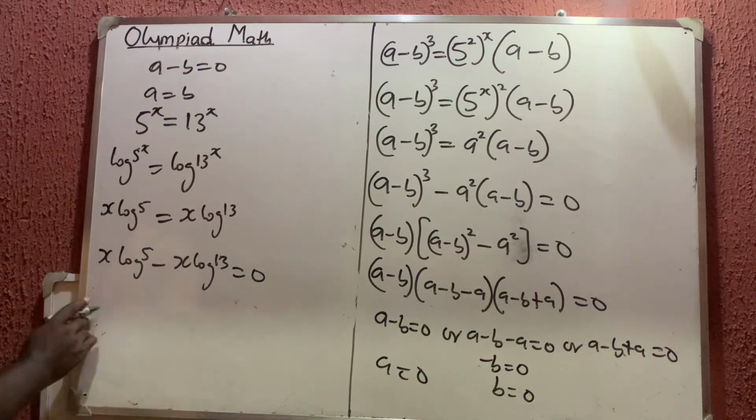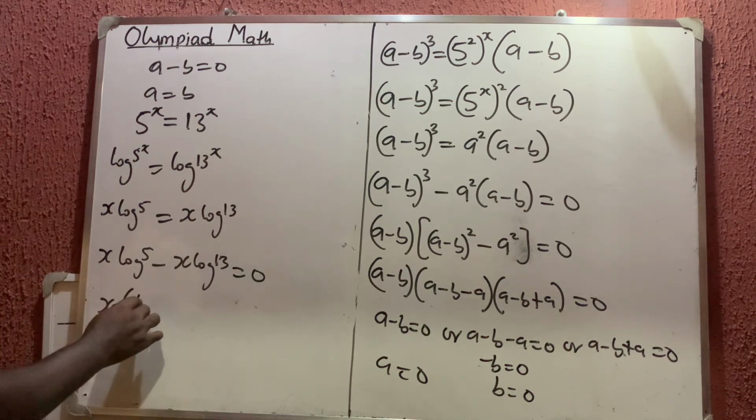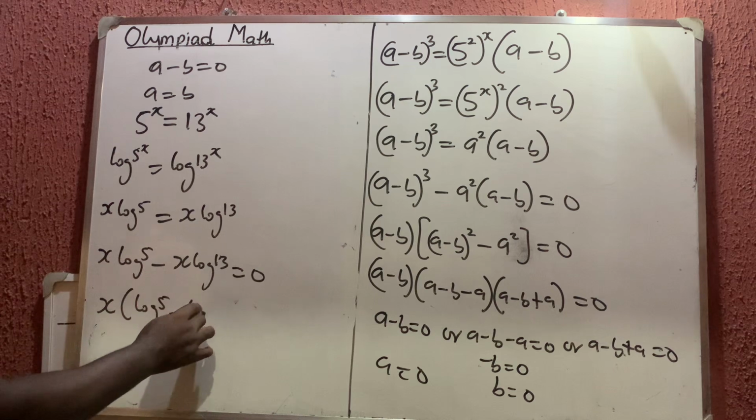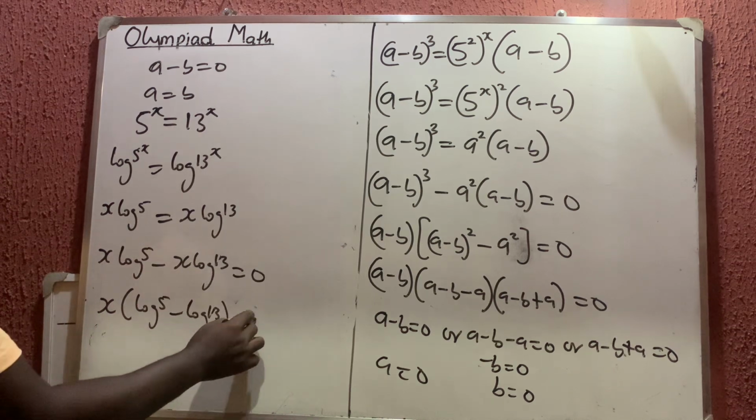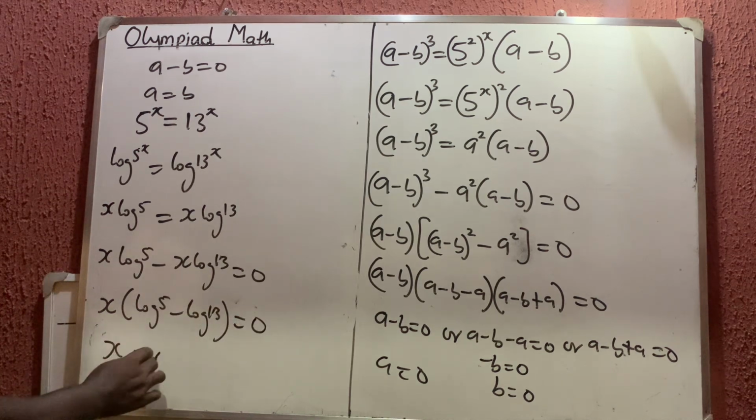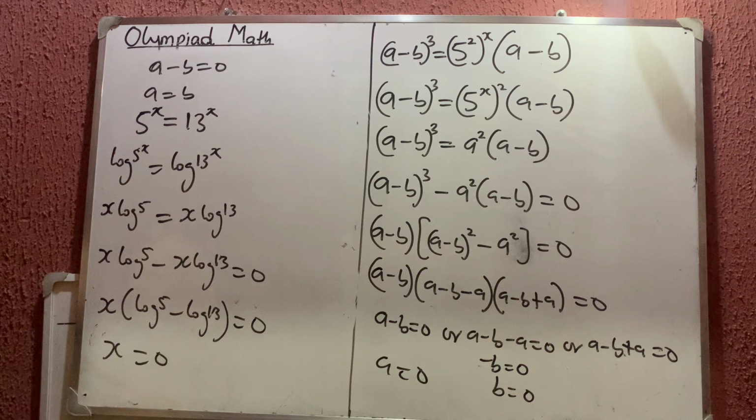So factor out the x: x into log 5 minus log 13 is equal to 0. So we're having that x here is 0. So that is that for x is equal to 0.